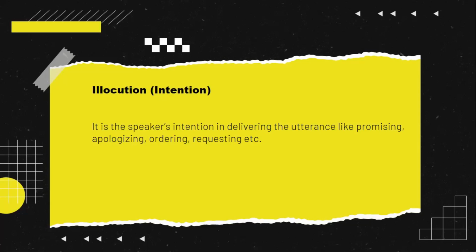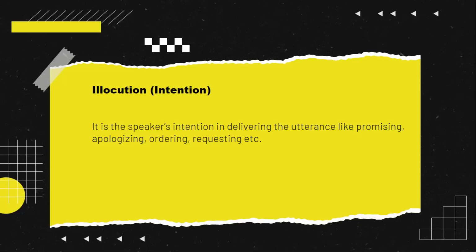So it could be the intention of the speaker is that he or she wants you to bring an umbrella when you go outside. Or the intention of the speaker might be for you to stay inside or stay at home because it's raining outside. Okay, so that's the intention of the speaker in that sentence.